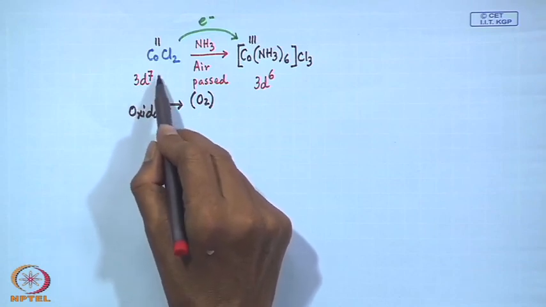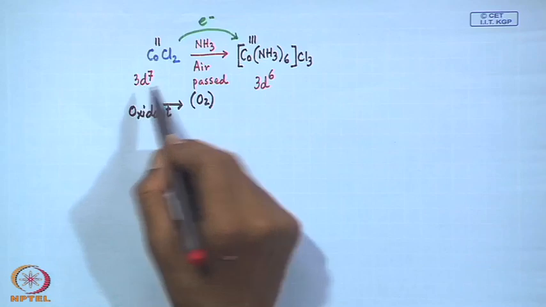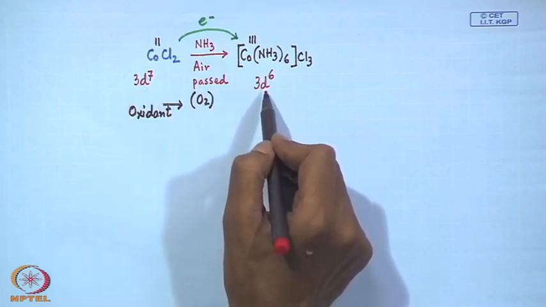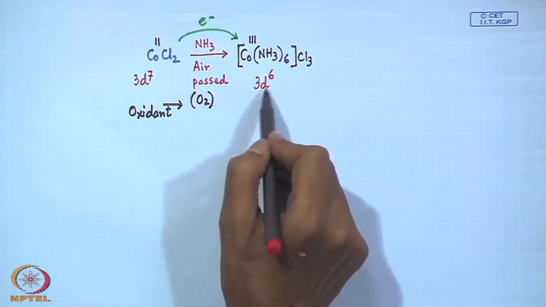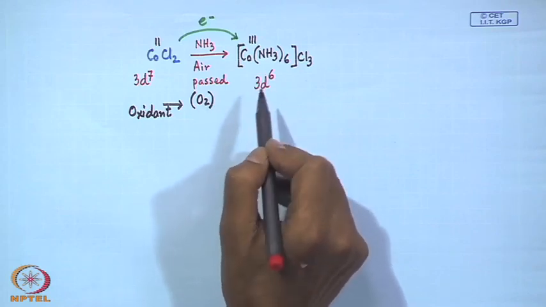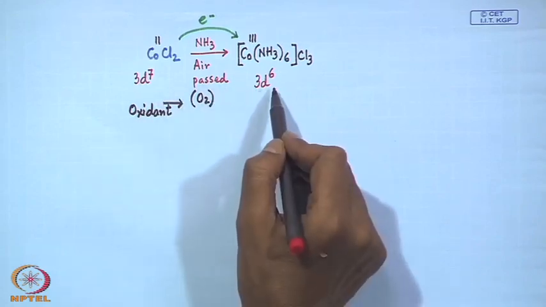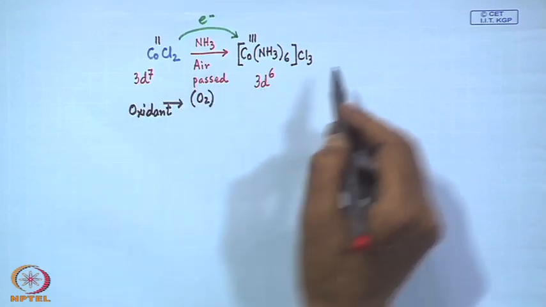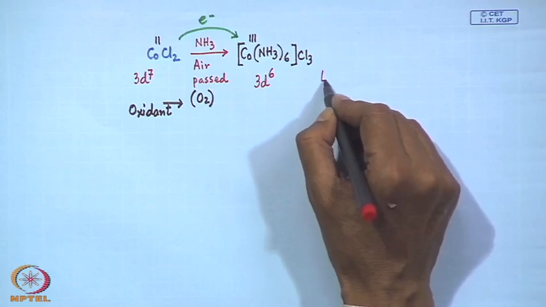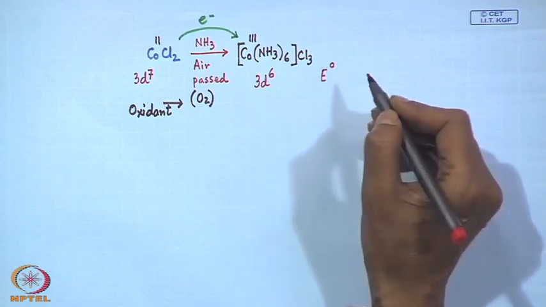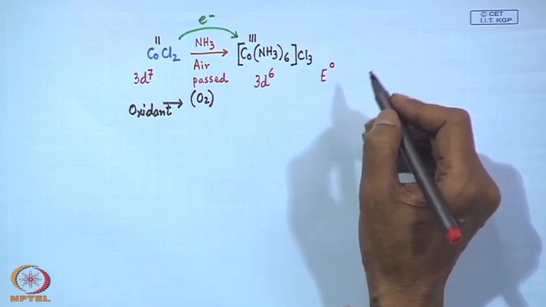So, partly filled d orbitals can be oxidized to a configuration where it is d6, because this particular configuration can have some extra stability. So, oxidation is possible from cobalt 2 to cobalt 3, and for this particular oxidation the corresponding standard electrode potential is also to be known.